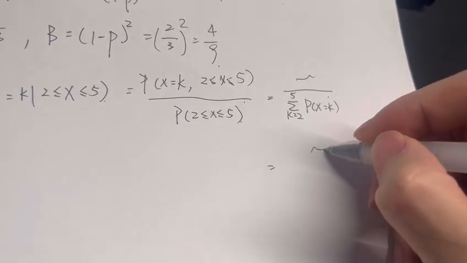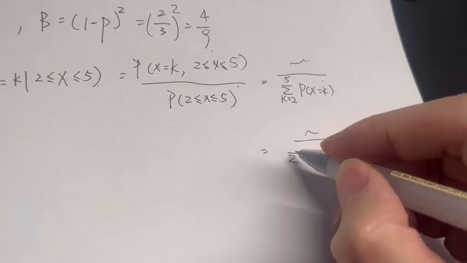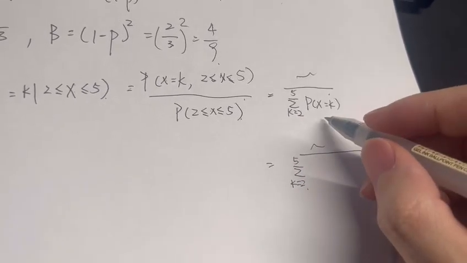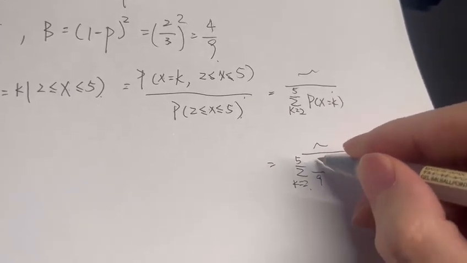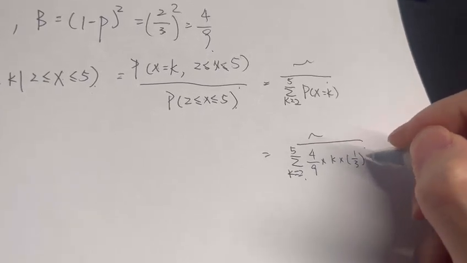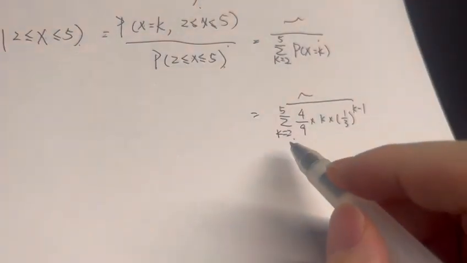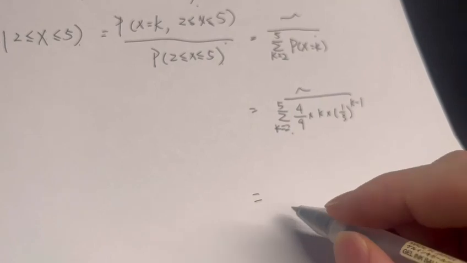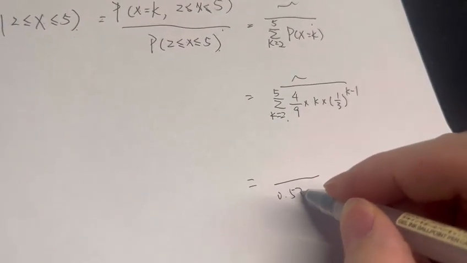And the above is still the same, and the bottom becomes, we just put the value we know into this equation, times k times, and then we just calculate this equation again. I'm going to save time, so we just put my calculated result right here.